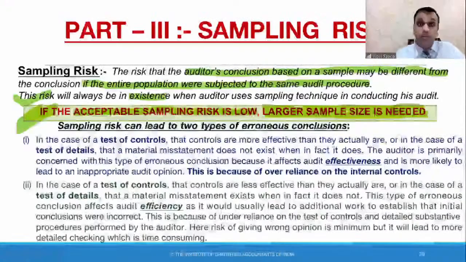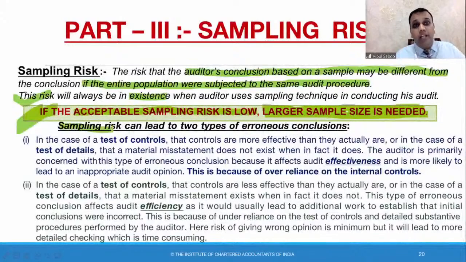Now, what are the consequences of sampling risk? Sampling risk is there. So what kind of errors or erroneous conclusions? Erroneous conclusions means the auditor has formed a conclusion with errors. What could be such errors? So read with me and understand very effectively. In the case of a test of controls, the controls are considered more effective than they actually are.